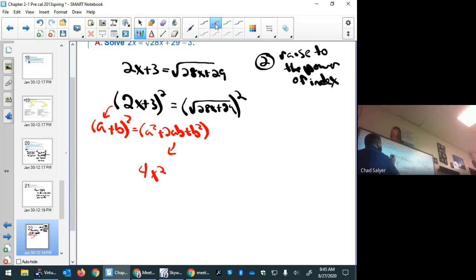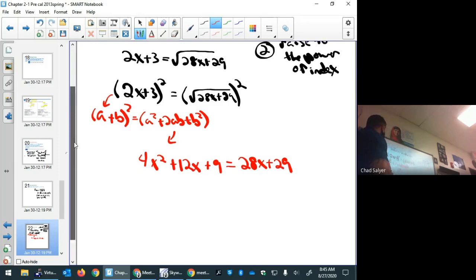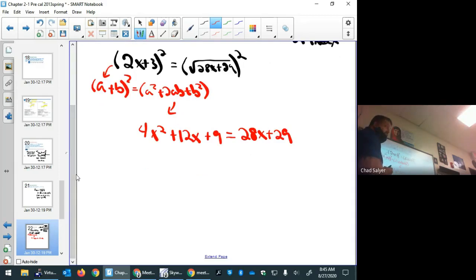So 2 times 2x is 4x times 3 is 12x. And then 3 squared is 9. So just using that shortcut to square that 2x + 3. And then the square root and the square on the other side just cancel. Like so.